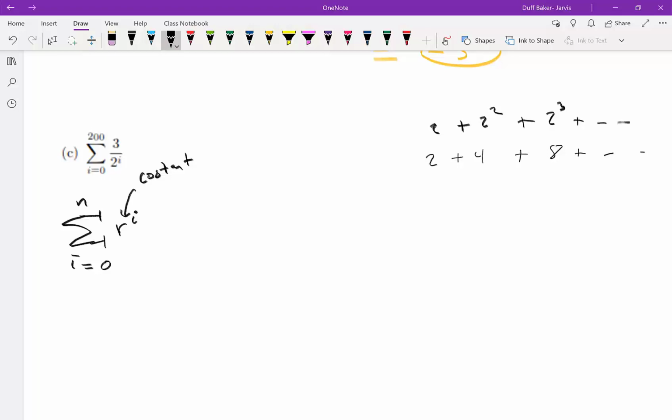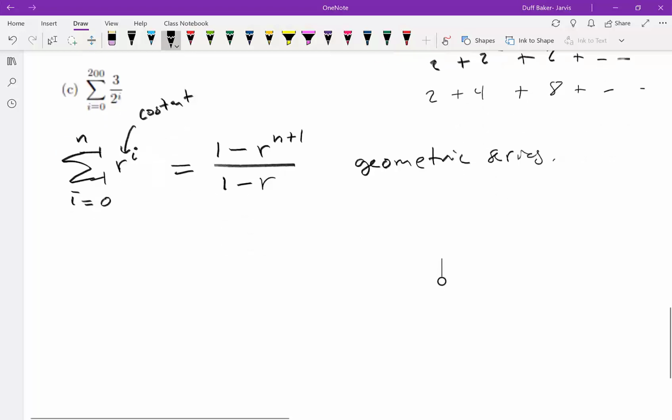If I'm adding up powers of the same number, then what it works out to be is 1 minus r to the number of terms you're adding up plus 1, over 1 minus r. So this is called the geometric series. Really, this is the finite geometric series.